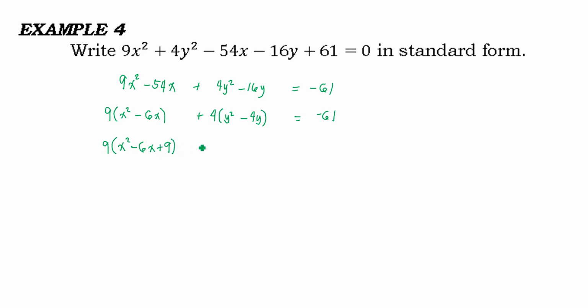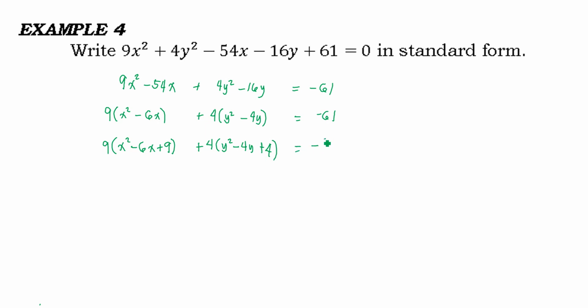Plus 4 times this, dito naman, we have y squared minus 4y, plus negative 4 divided by 2 is negative 2, and negative 2 squared is 4. So, dito naman 4 equals negative 61.